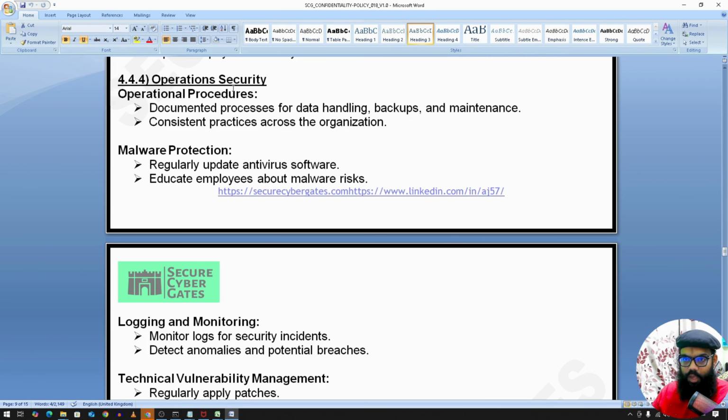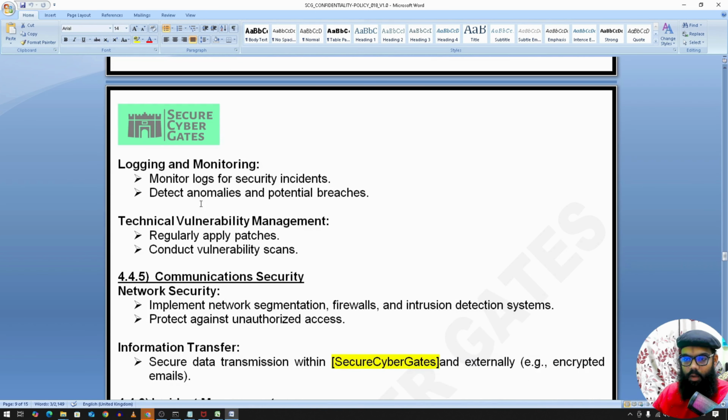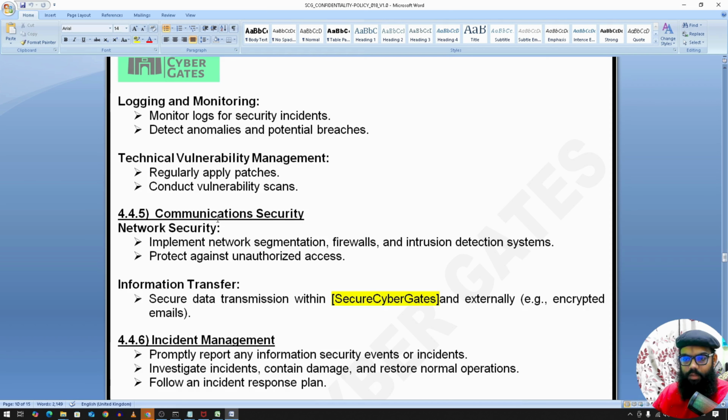The next is operations security. So operational procedures: data handling, backups and maintenance, malware protection, ensuring the antivirus is updated and running. For logging and monitoring, monitor logs for security incidents, and apply regular patches.